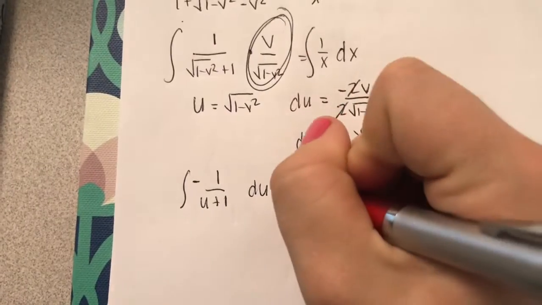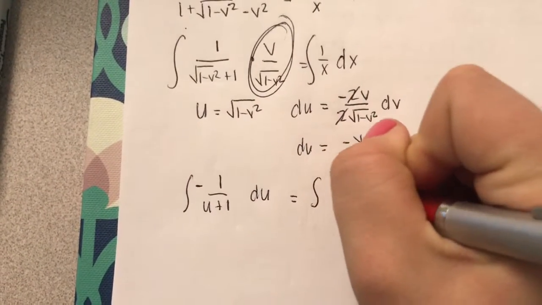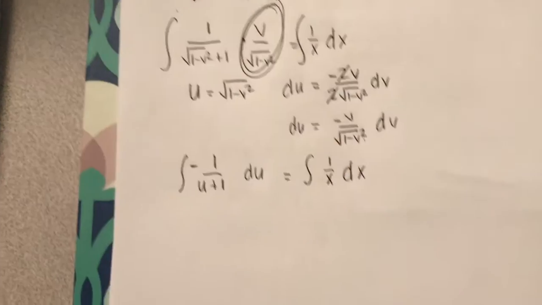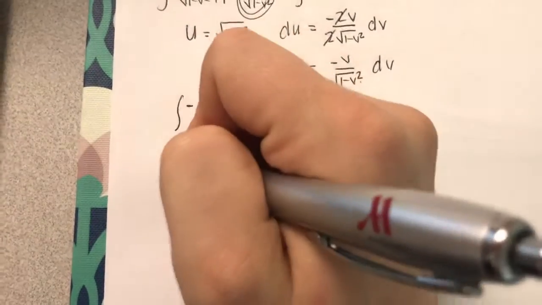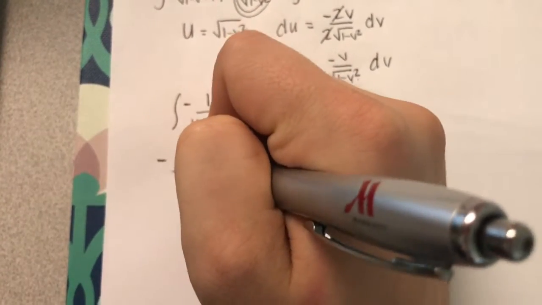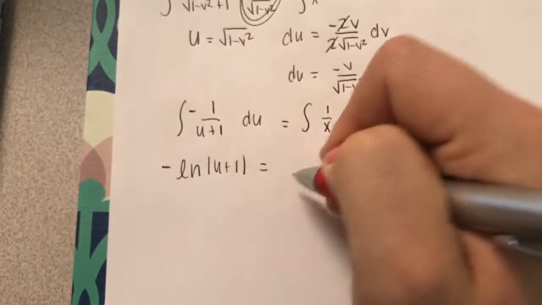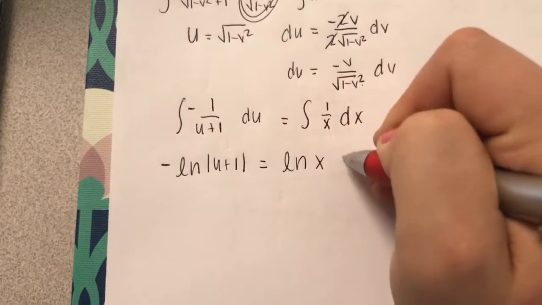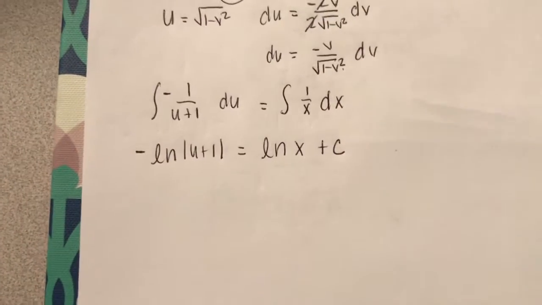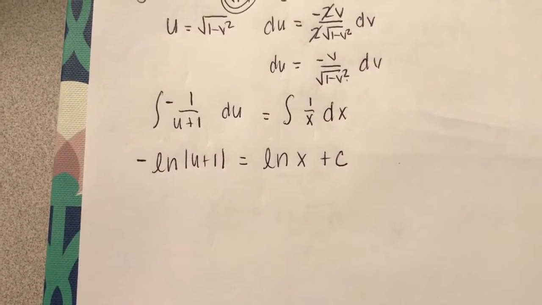And then I have the integral of 1 over x dx on the right. So from here I'm going to have the negative ln of u plus 1 equals the natural log of x plus c, where c is an arbitrary constant in this case.